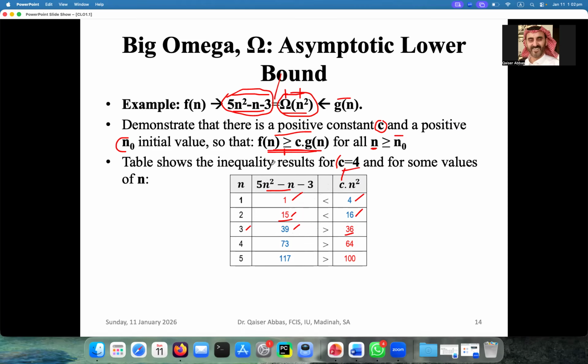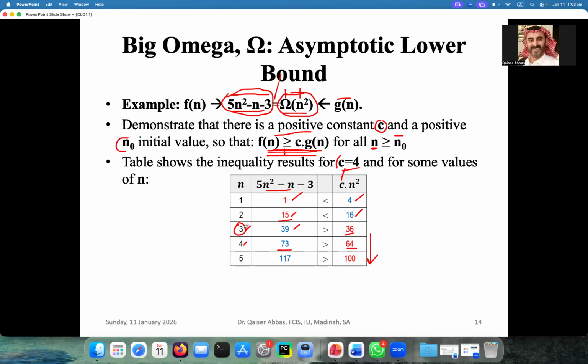The condition is true for 3, and also for the next, 4: it is 73 and here 64, which is greater. The equation stays true for all positive numbers greater than n0.